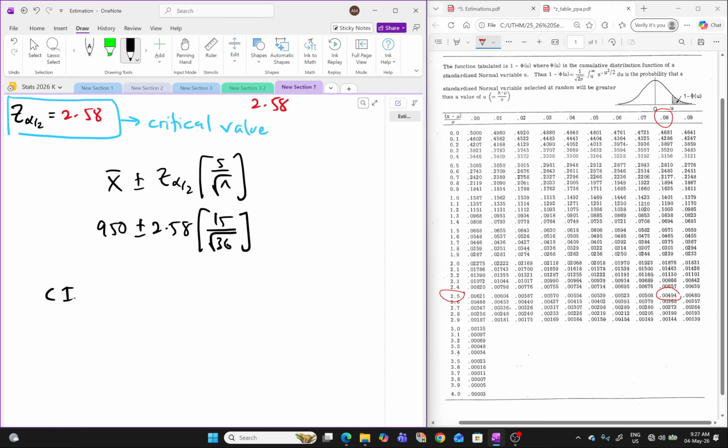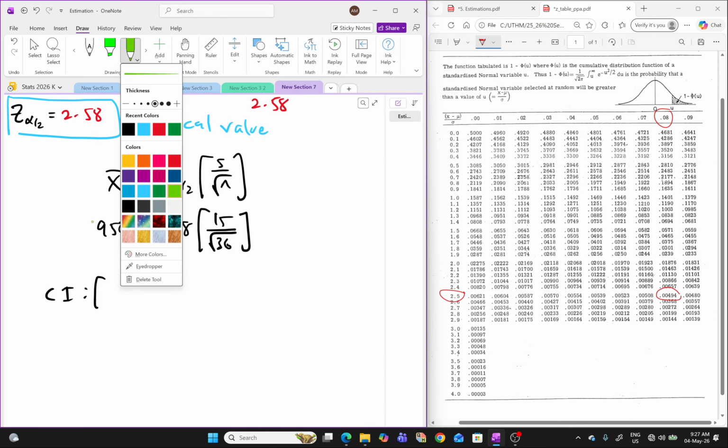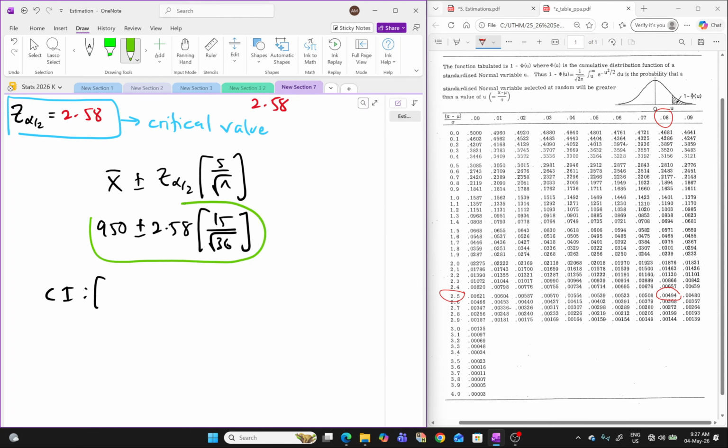So if you compute this, minus first, what do you get? Press in the calculator, let me know.